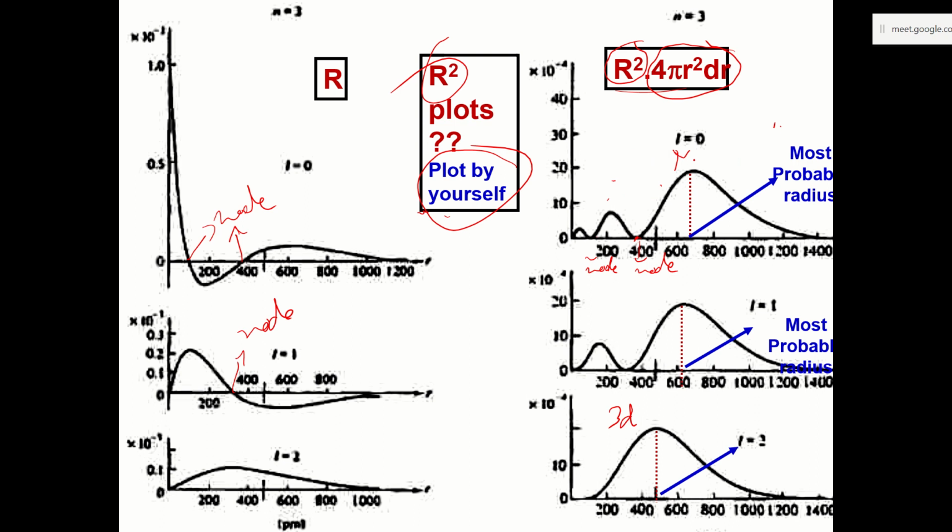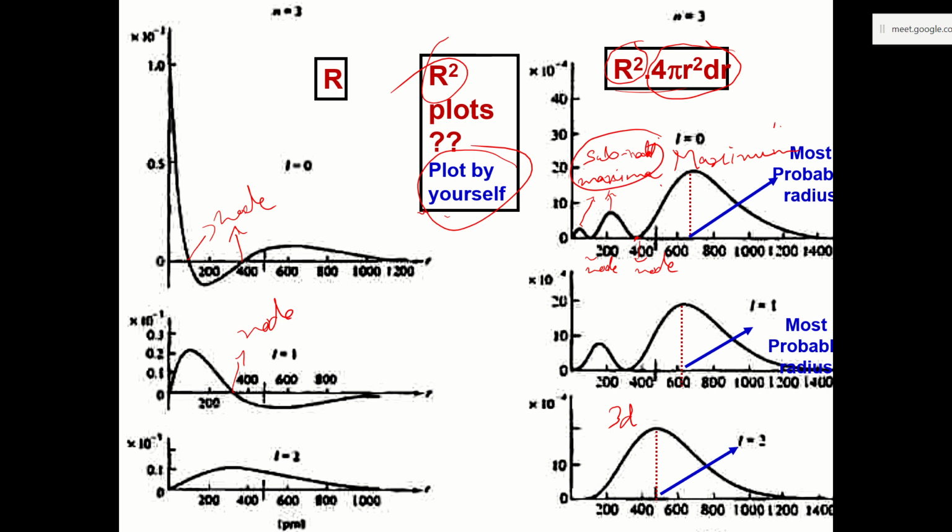Maximum and these are subnodal maxima. ये वाला नीचे वाला जो पॉइंट है, ये दोनों हमारा सबनोडल मैक्सिमा है.